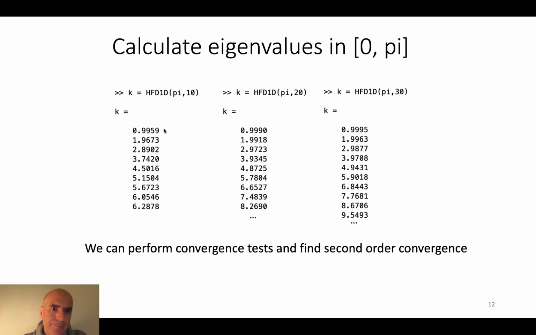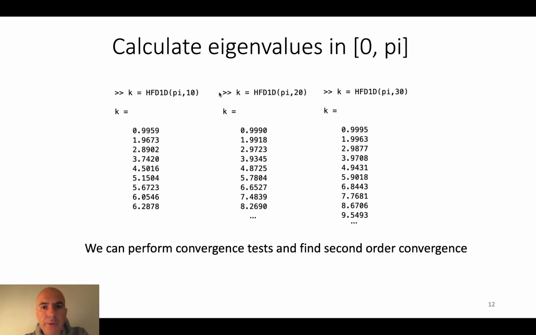As you can see, the values are quite close at the beginning to integer numbers. So we have 0.99, and then 1.96 and 2.89. We saw that with increasing order, the eigenvalues are not getting better and better. Actually, the accuracy decreases quite a lot, only for the small ones.